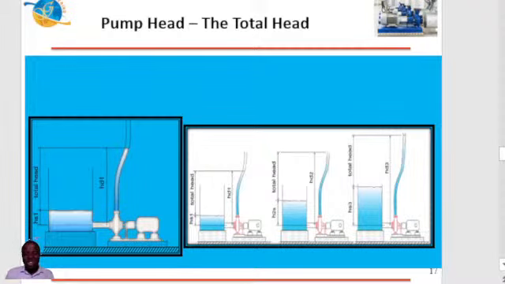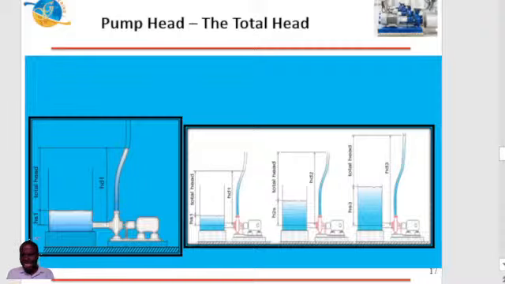The liquid is not giving any help in the form of potential energy when the tank is empty. So this is where most designers get it wrong.